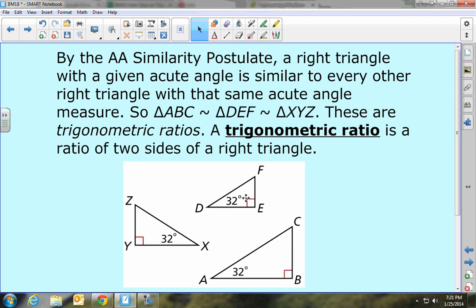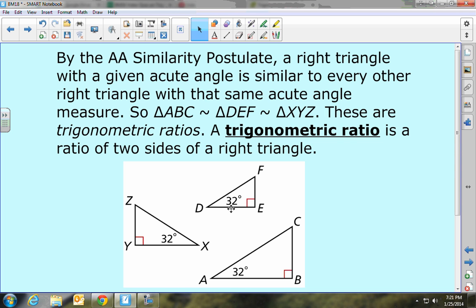You'll recall that similar means same shape, but different sizes. So we know each one of these has a right angle. It's labeled with the red box. And we know that each one of them has a 32-degree acute angle. And due to the triangle sum theorem, we know that the third acute angle will be the same in each one, in this case 58. So all these triangles are similar.